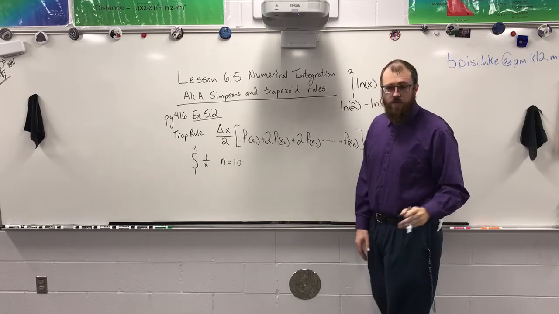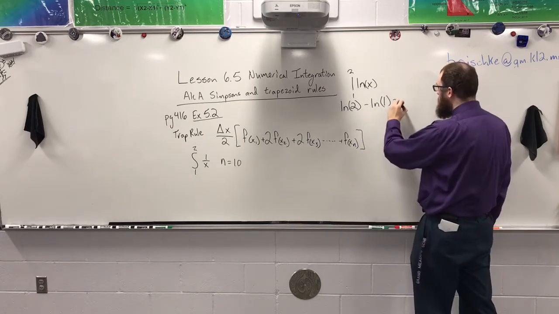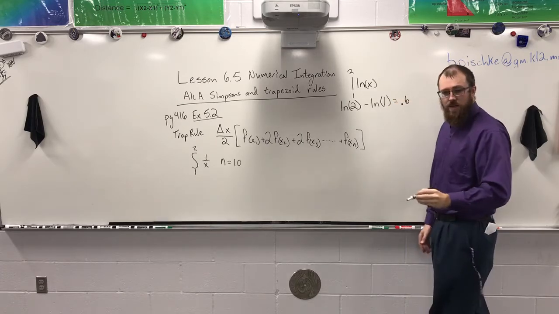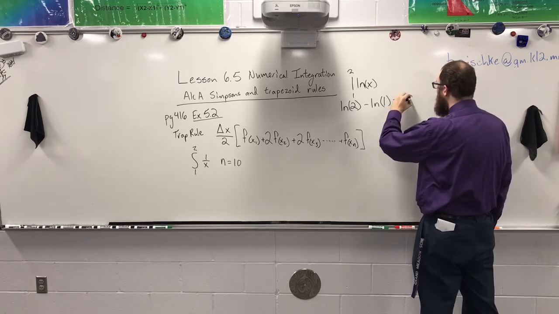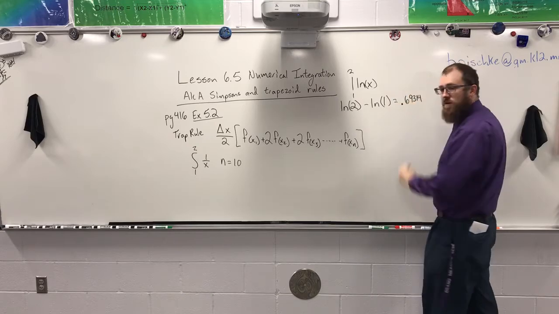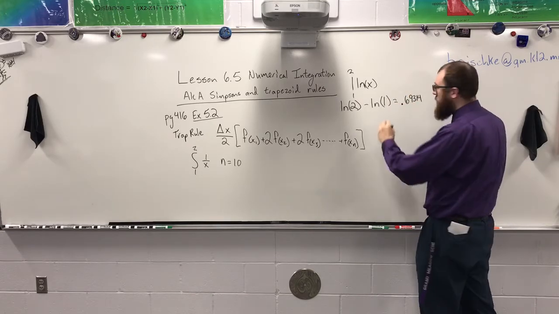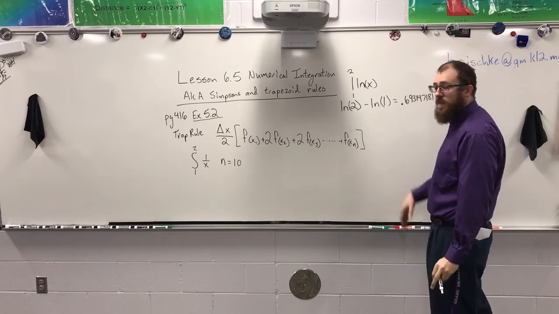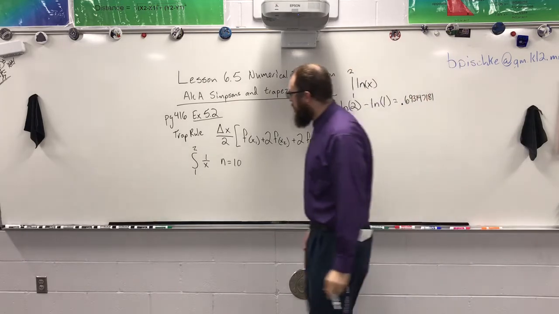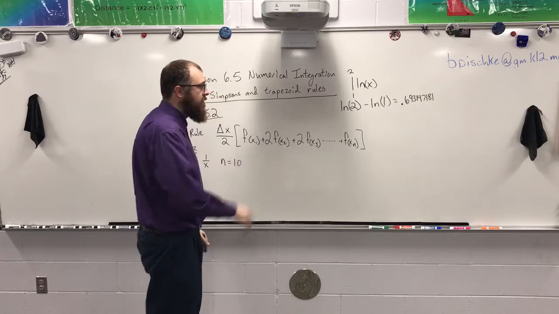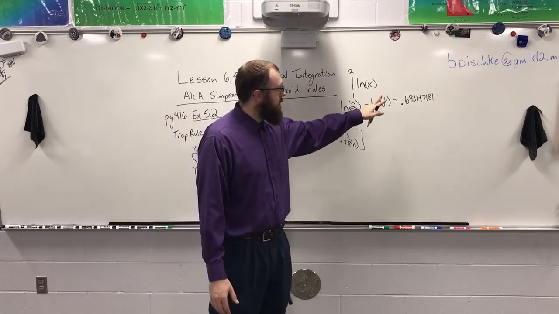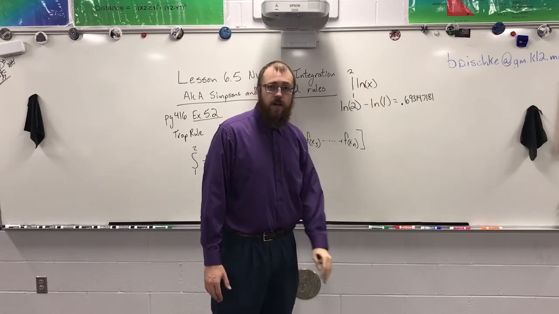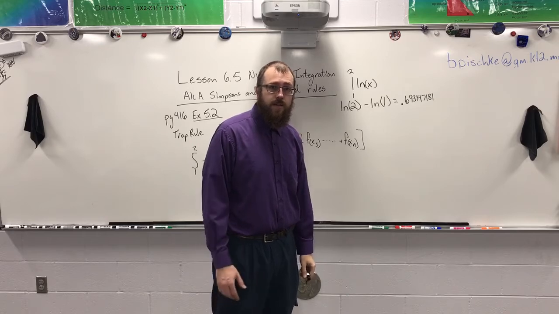And the ln of 2 minus the ln of 1 is approximately 0.693147181. It's in that neighborhood. So we're hoping to come somewhere near that zone, because that is the actual area of what we're looking at, okay?